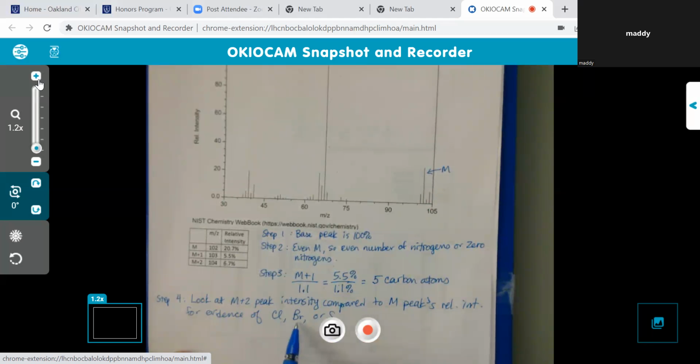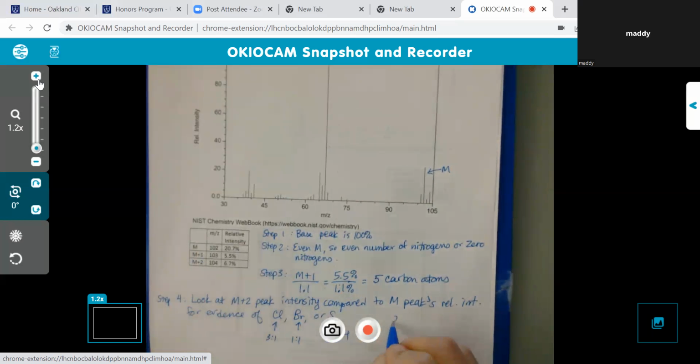If you had bromine, you would have a 1-to-1 ratio of the relative intensity of the M and M+2. And if you have sulfur, you would have a 96-to-4 ratio of the M to the M+2. Remember, this is 3-to-1, this is 1-to-1, this is 96-to-4. When you look at M and M+2, what do we notice?